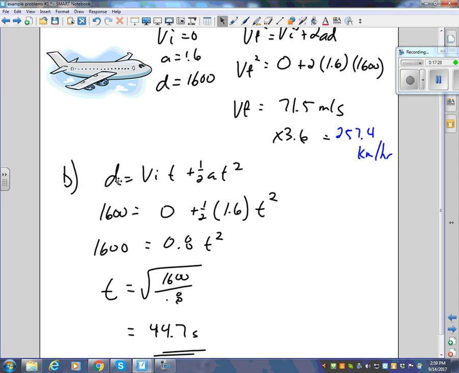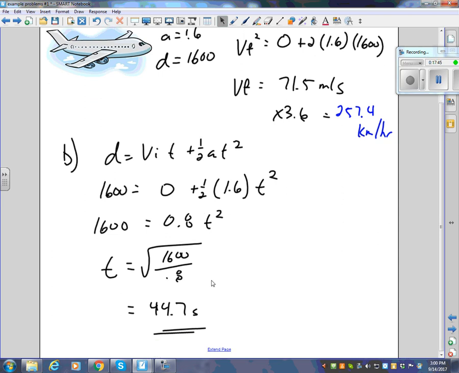The only real danger there is that if you made a mistake in getting your VF, that mistake might carry through, whereas here, you're right. Good point. Does 44.7 seconds seem like a reasonable amount of time for a plane to take off? Yes. Everyone okay? 44 seconds.